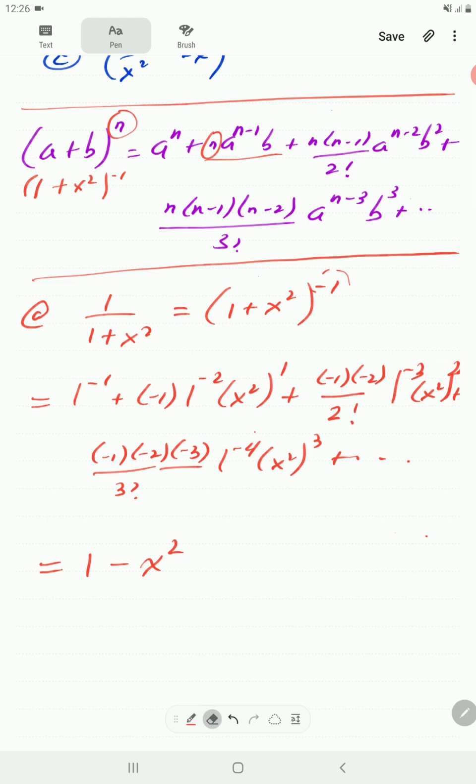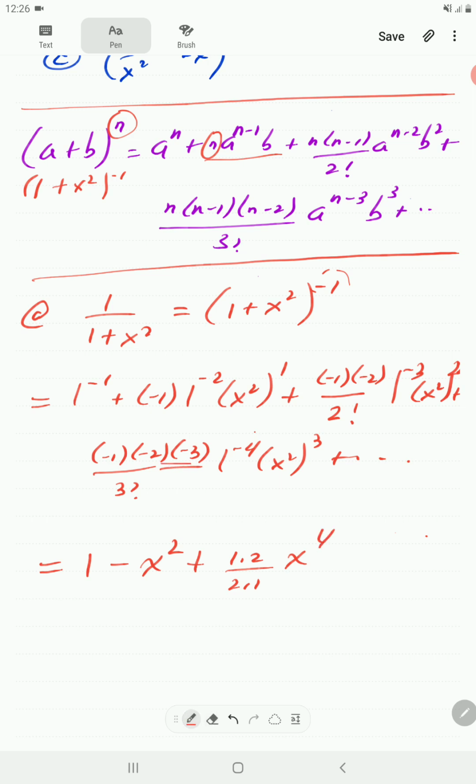The third term, so let's just look at the signs first. Negative and negative here is going to make this whole term positive. Then we have got 1 times 2, 2 times 1 in the denominator. Then x squared squared is x to the power 4.